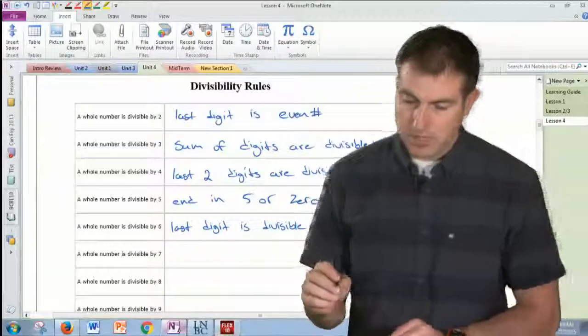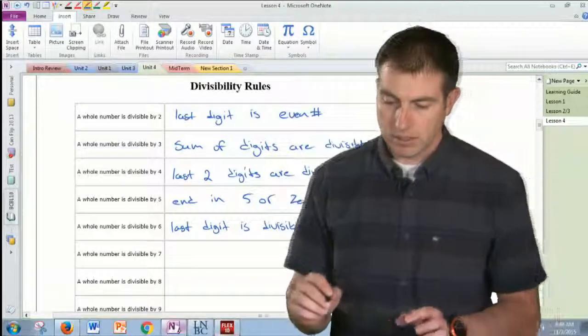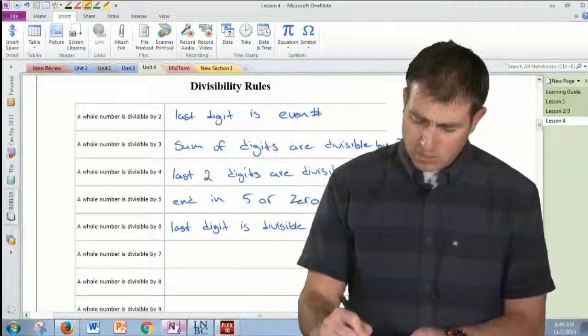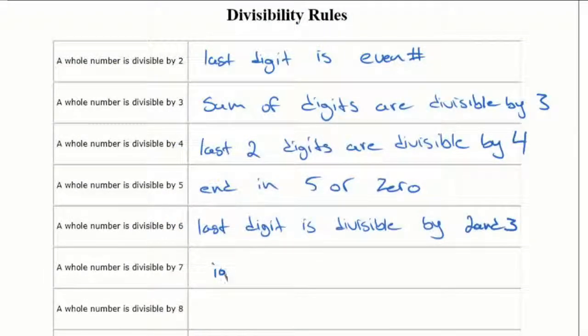We're going to skip 7 because it doesn't have a really nice divisibility rule, so we're going to just ignore it. 8 is the last 3 digits divisible by 8.